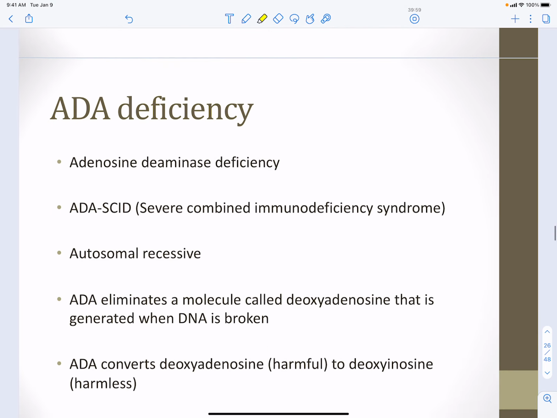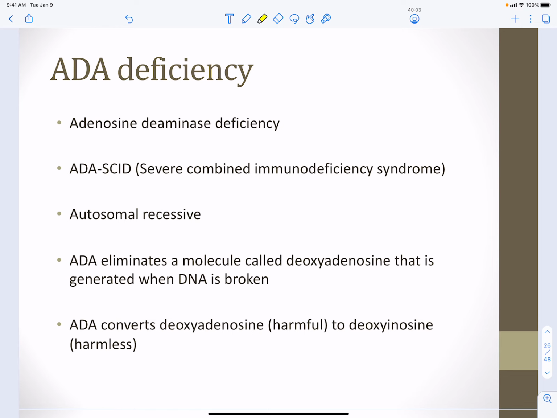Another is ADA deficiency. So if you remember, that's the adenosine deaminase deficiency. This is going to lead to ADA severe combined immunodeficiency syndrome. This is autosomal recessive, so it's very rare. ADA is going to eliminate deoxyadenosine, which gets generated when DNA is broken.